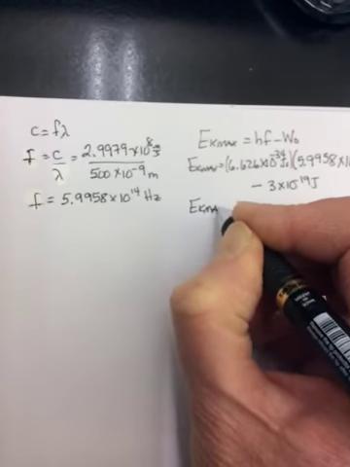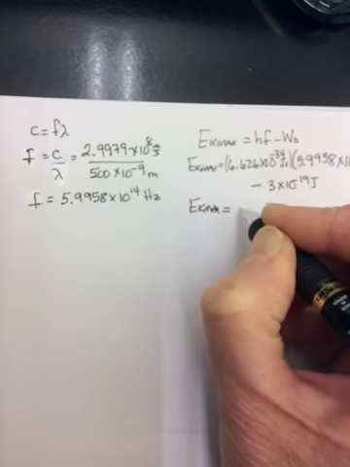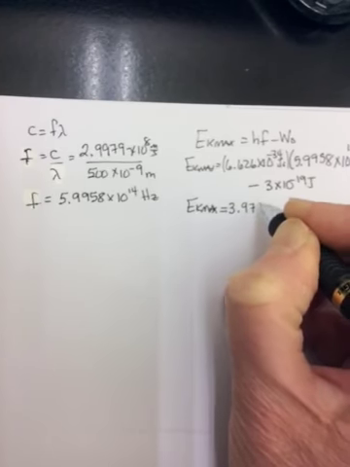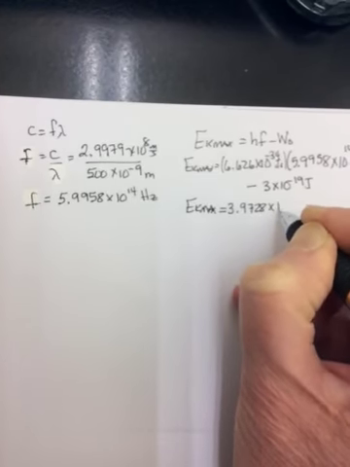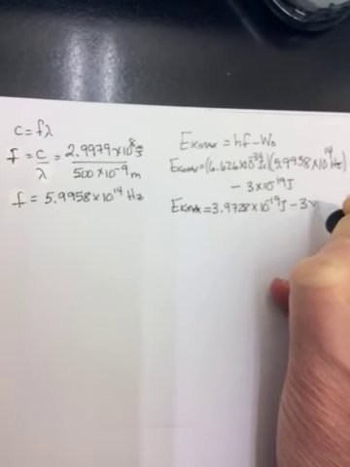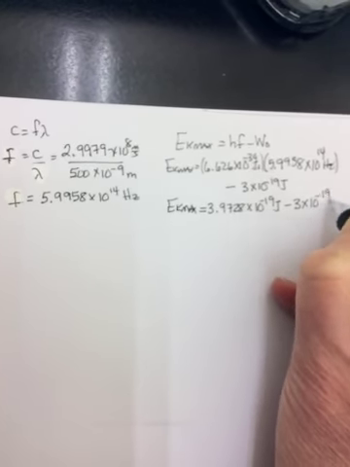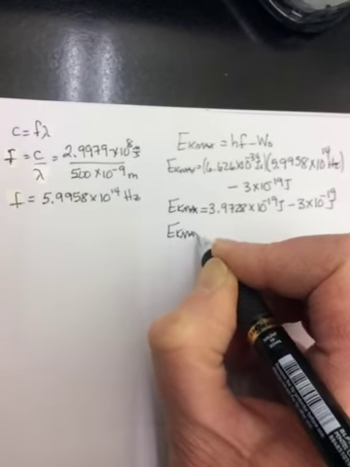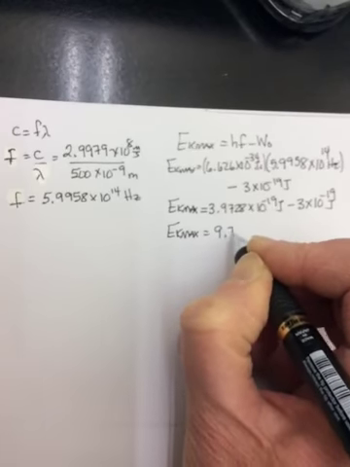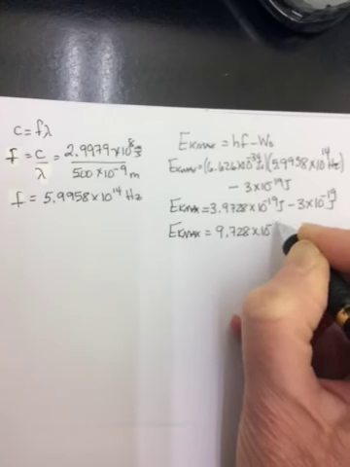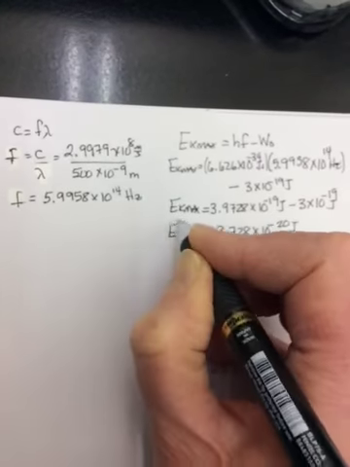The first term gives you 3.9728 times 10 to the negative 19 joules, and you're subtracting from that 3 times 10 to the negative 19 joules. So you get an EK max of 9.728 times 10 to the negative 20 joules.